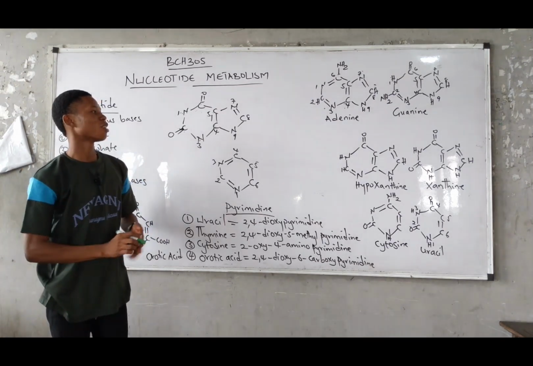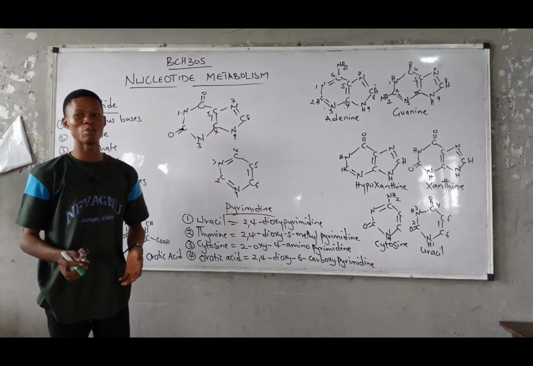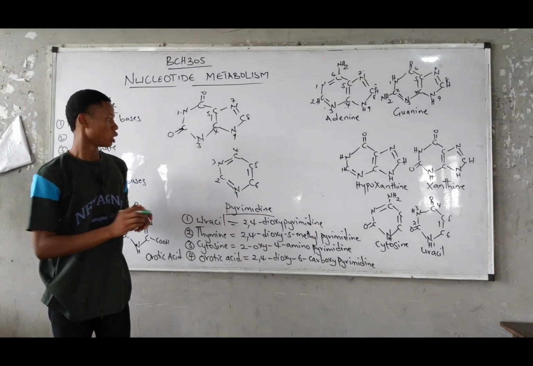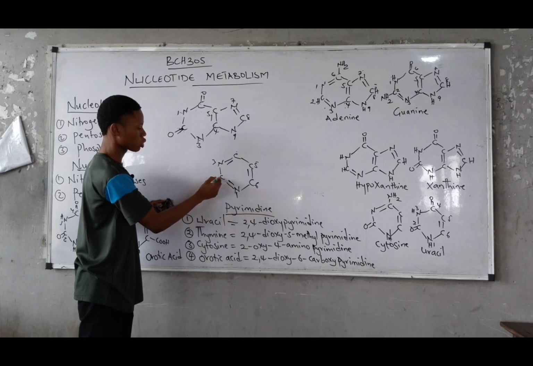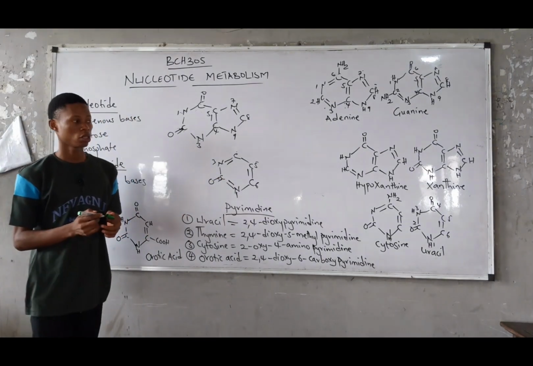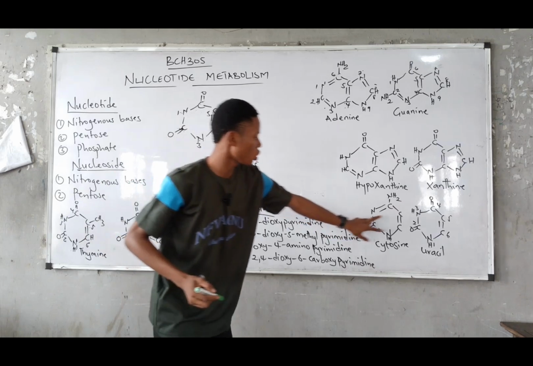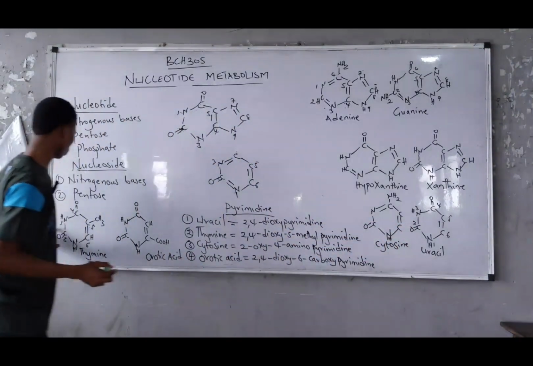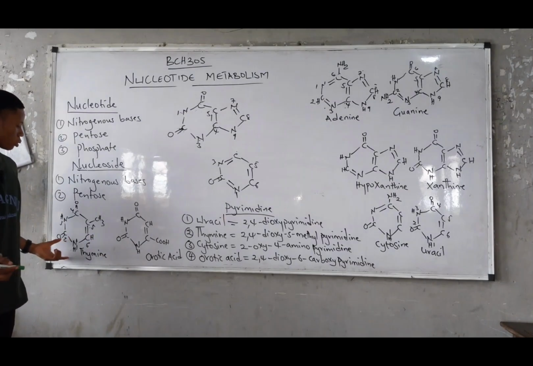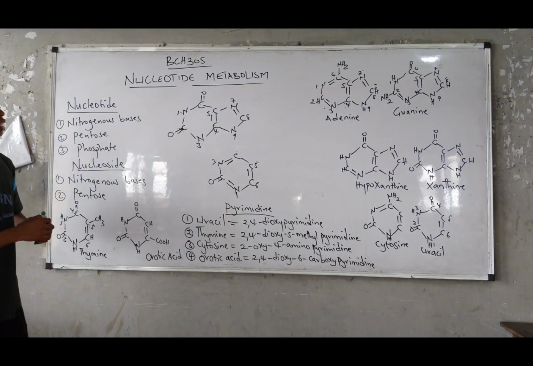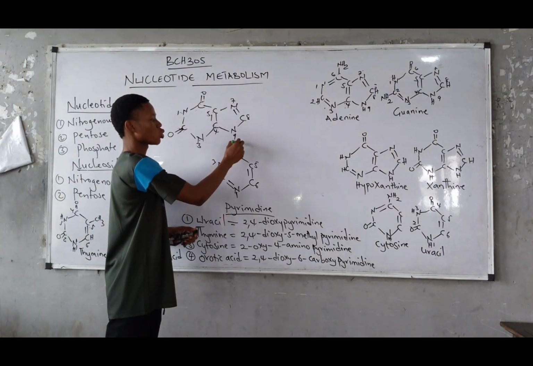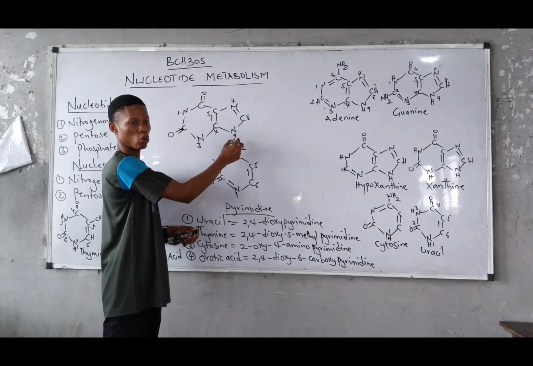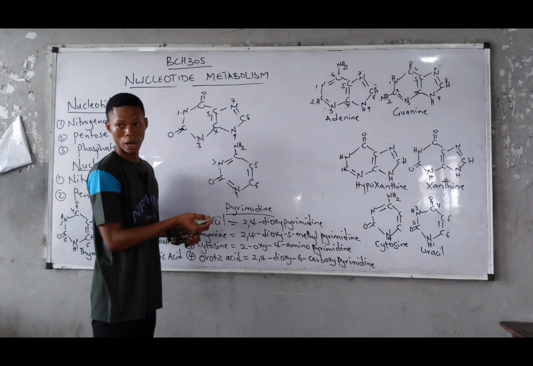Now, the pyrimidines are the simplest to draw. All the pyrimidines have a double bond oxygen here. Check all of them. They have a double bond oxygen here on position 2. Now, if you add NH2, just like you did in adenine, what you have is cytosine, right?